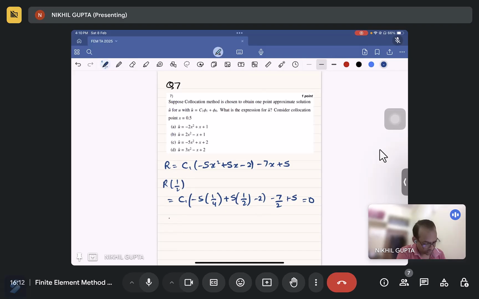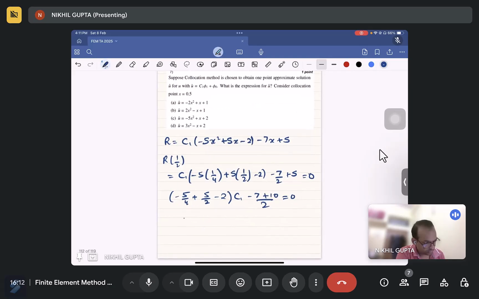We solve this, we get minus 5 by 4 plus 5 by 2 minus 2 C1 minus 7 plus 10 by 2 equals 0. We solve this, same as 4 minus 5 plus 10 minus 8 C1 plus 3 by 2 equals 0.